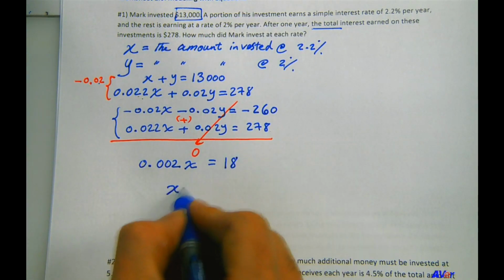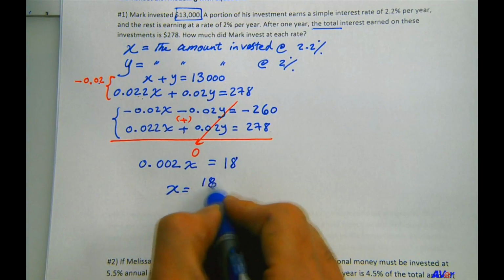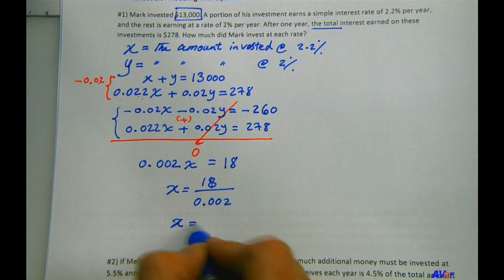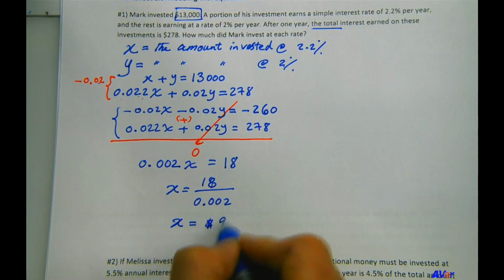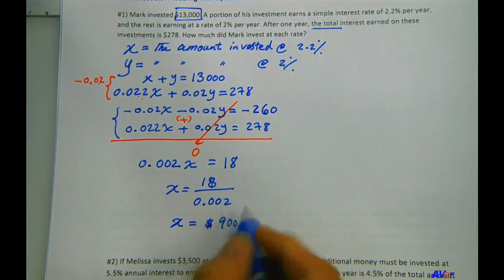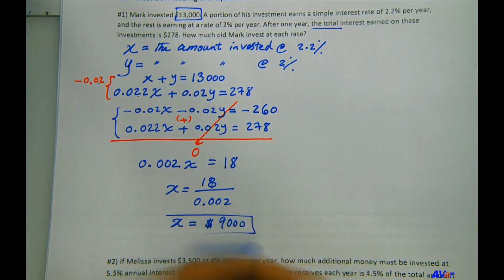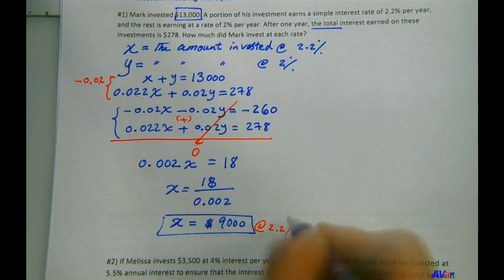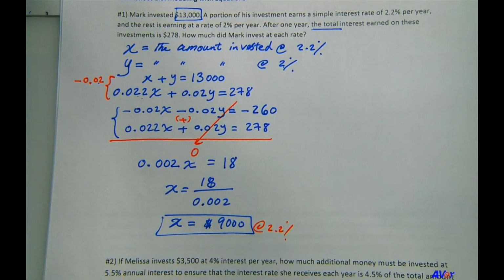So x then is 18 divided by 0.002, and x is 9,000. And this is the amount we're investing at 2.2%.